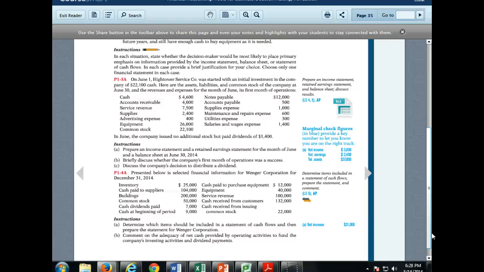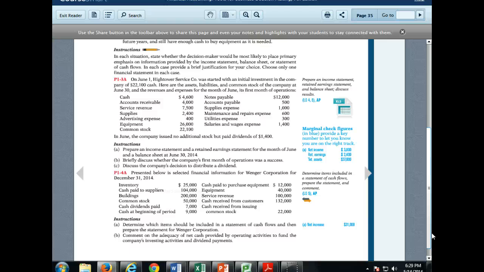Here are the assets, liabilities, and common stock of the company at June 30th, and the revenues and expenses for the month of June in its first month of operations. And it's telling us in June the company didn't issue any additional stock, but it did pay dividends of $1,400.